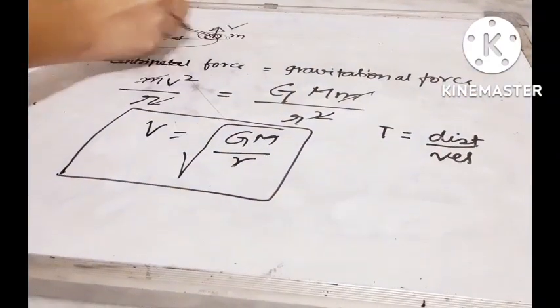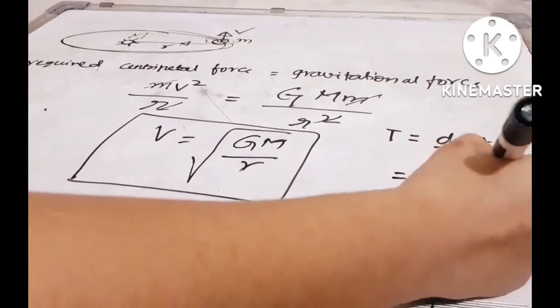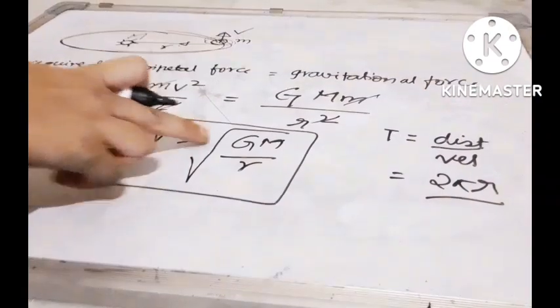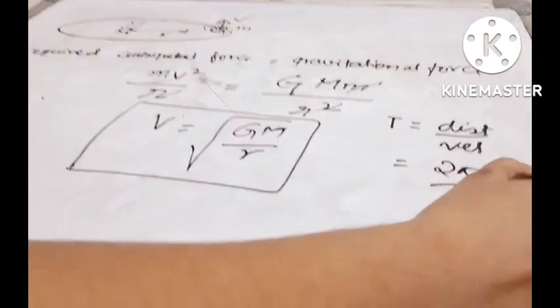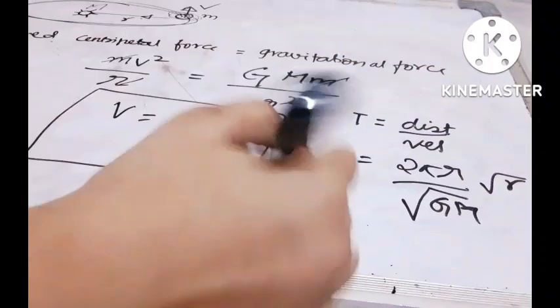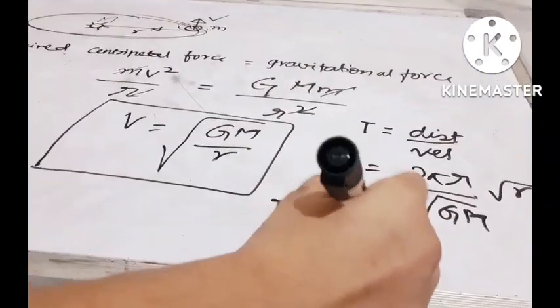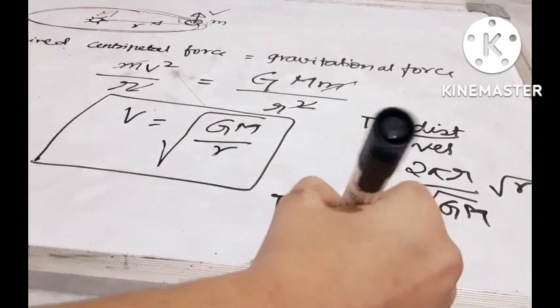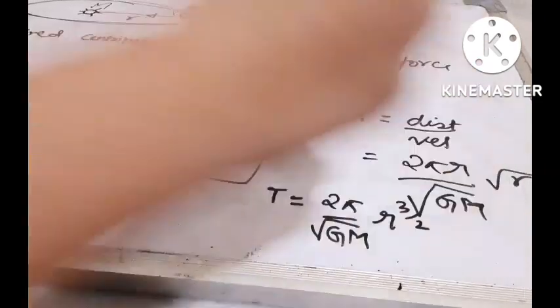Now what is the distance? This is the circumference. The circumference will be 2 pi r, and for velocity you need to take what we got here, that is under root GM over under root r. So when you solve that, you are going to get T is equal to 2 pi upon under root GM into r to the power 3 by 2.